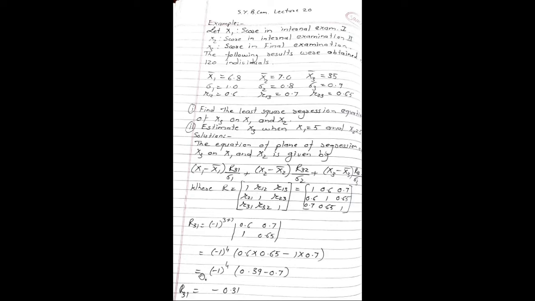So which is equal to minus 1 raised to 4, 0.6 into 0.65, the value is 0.39, minus 1 into 0.7, the value is 0.7. Minus 1 raised to 4 becomes plus 1, but 0.39 minus 0.7, sign of bigger number is negative, so R31 is equal to minus 0.31.